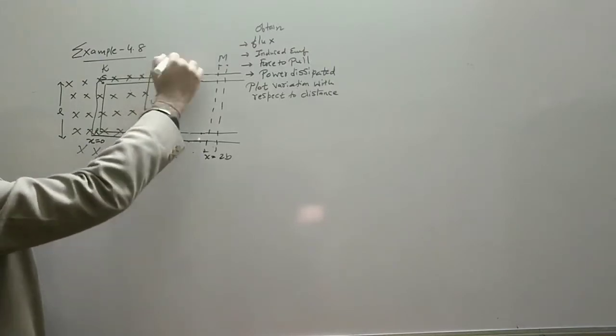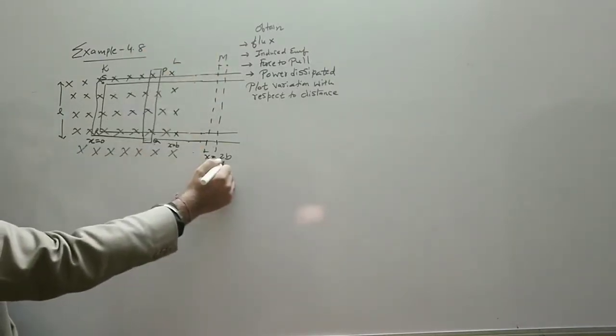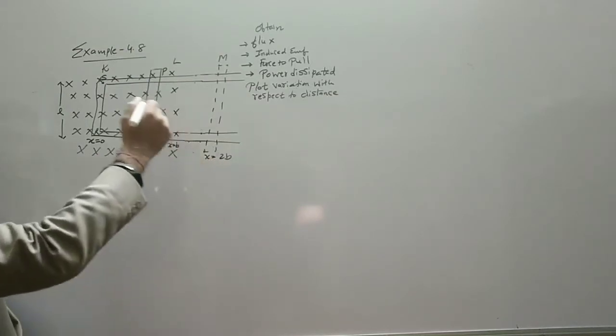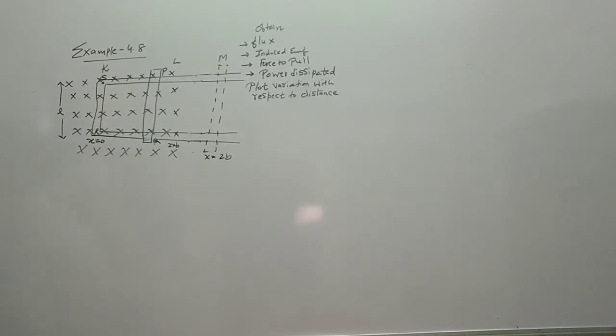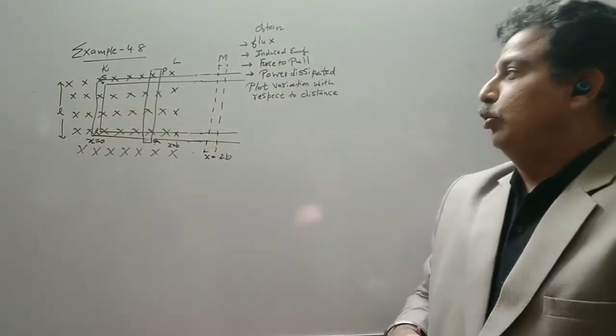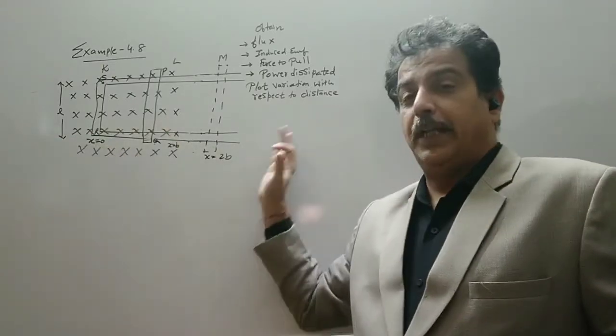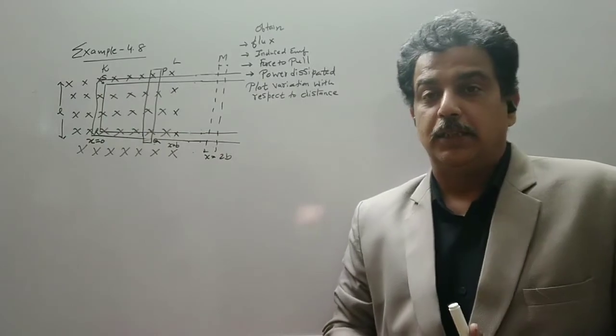L is a region up to b, and beyond L to M. M corresponds to the distance 2b, L corresponds to the distance b, and K corresponds to the origin, or 0. We have to take the rod from 0 to 2b and then again from 2b to 0, and you have to plot the graph as well.